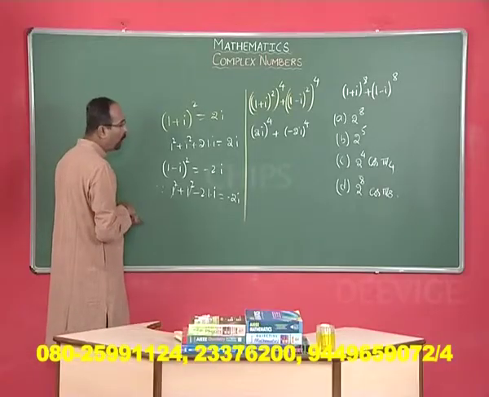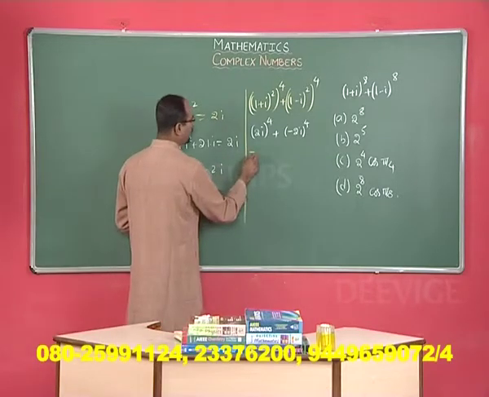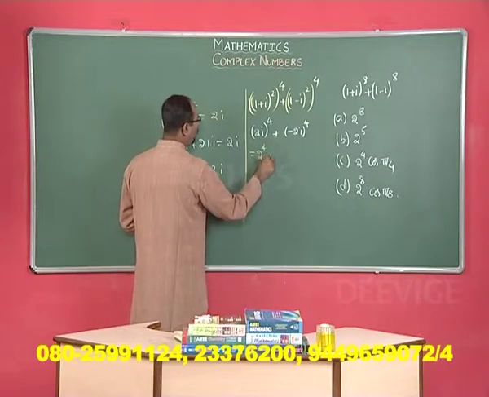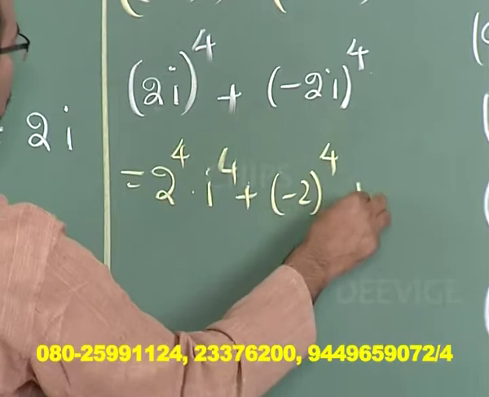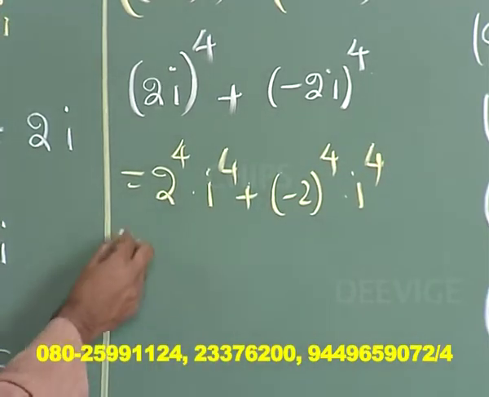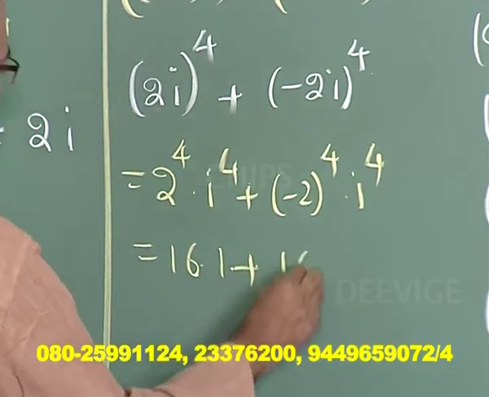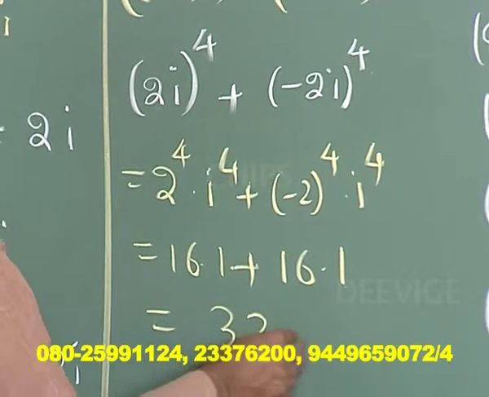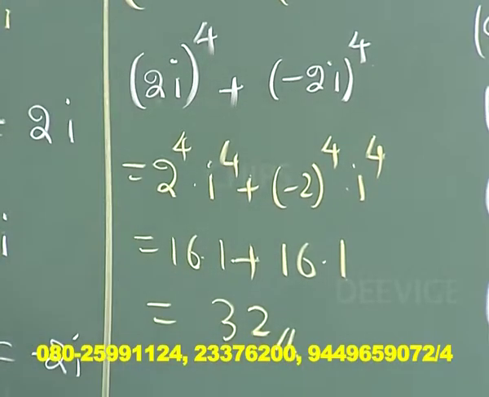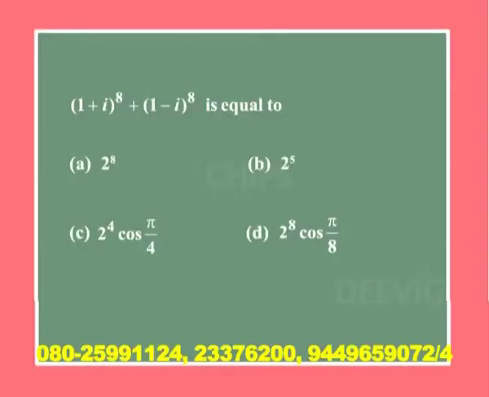Now (2i)^4 + (-2i)^4, I can simplify this as 2^4 × i^4 + (-2)^4 × i^4. 2^4 is 16, i^4 is 1, and again 16 times 1, so 16 + 16 is equal to 32. Therefore, option B is correct because 2^5 is 32.